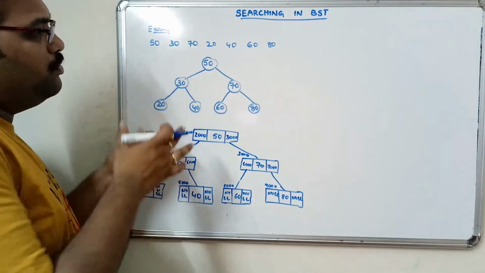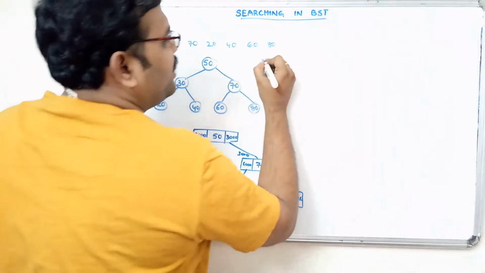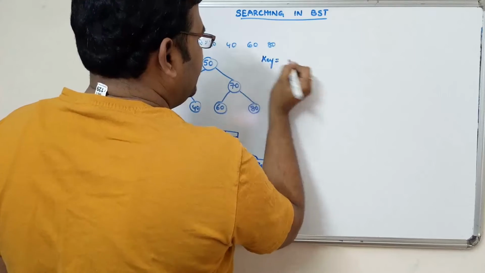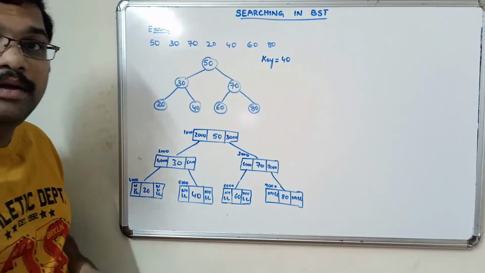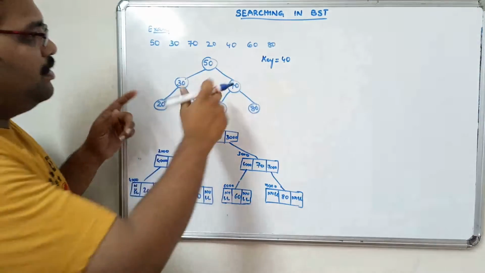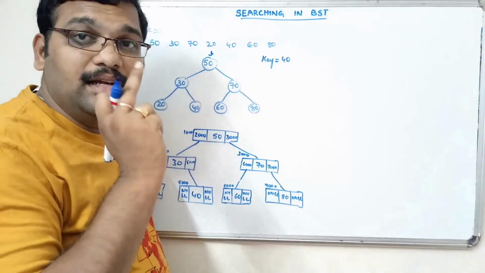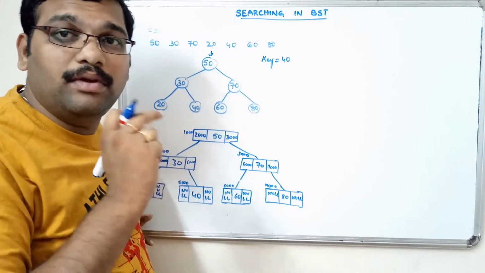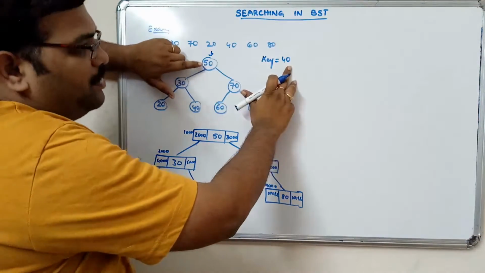Now we have to search for an element. To search for an element, we need a key value. So let the key be equal to 40. Right. So first, coming to the root node, we have to check three conditions: equal to root, less than root and greater than root. So 40 is equal to 50?